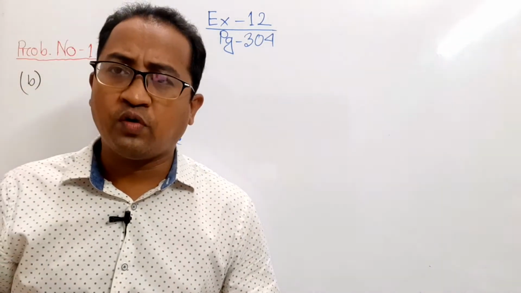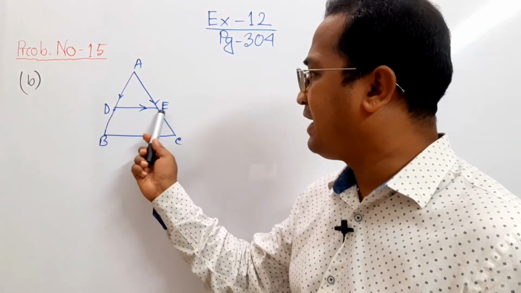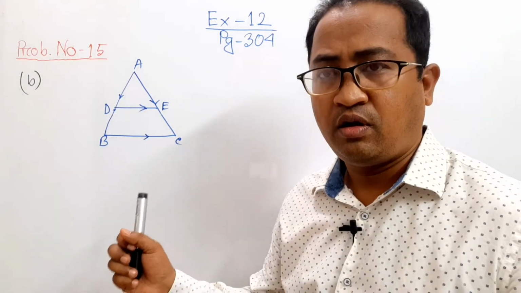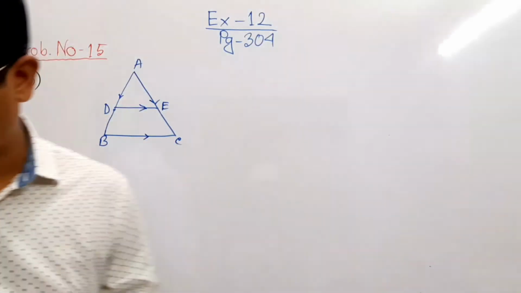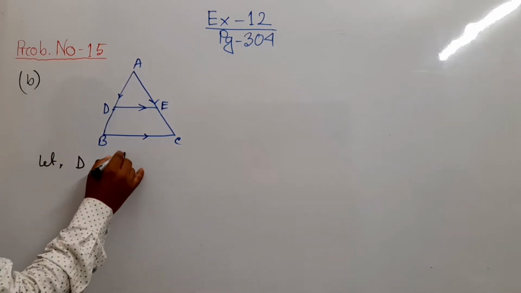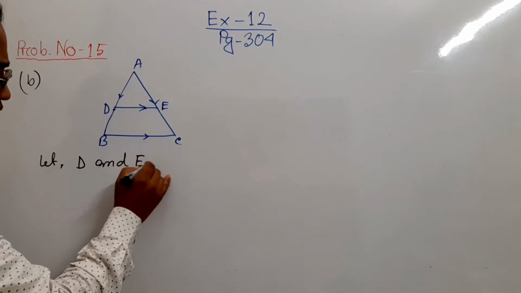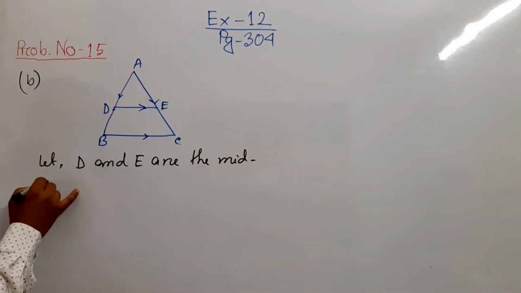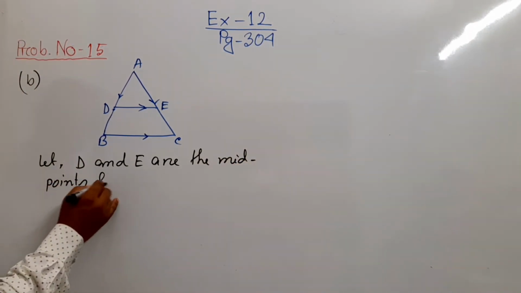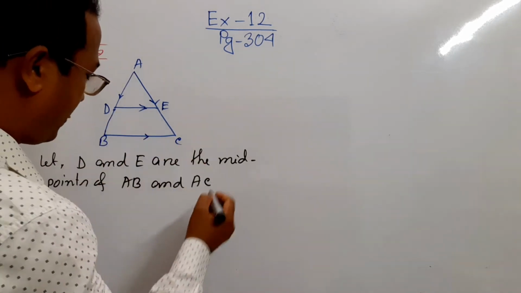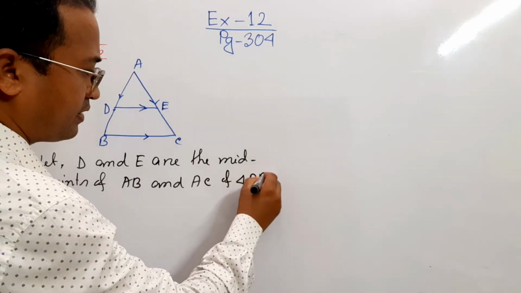Now question B. In the B question, we will prove that DE parallel BC and DE is equal to half of BC. So let's start the proof. Let D and E be the midpoints of AB and AC of triangle ABC.